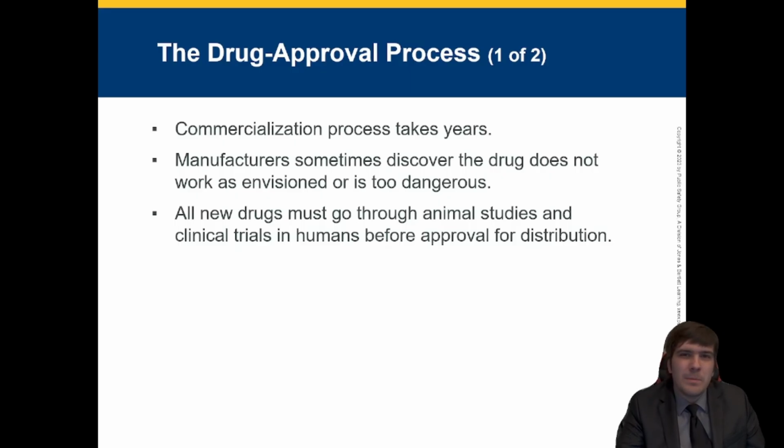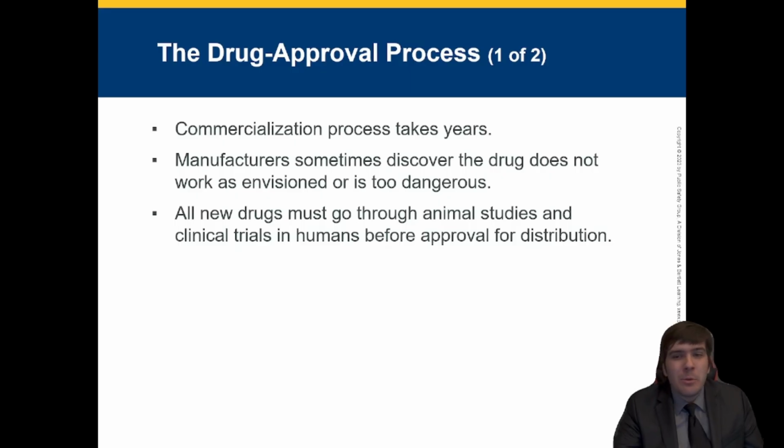Science is making some breakthroughs. They discover something new, and they want to get it out on the street to help people. Unfortunately, the commercialization process takes a few years. Manufacturers sometimes discover the drug dose does not work as envisioned or might be too dangerous. They might have had success with the first few patients, but if they got to a clinical trial with, say, 100 people, half of them might drop dead.